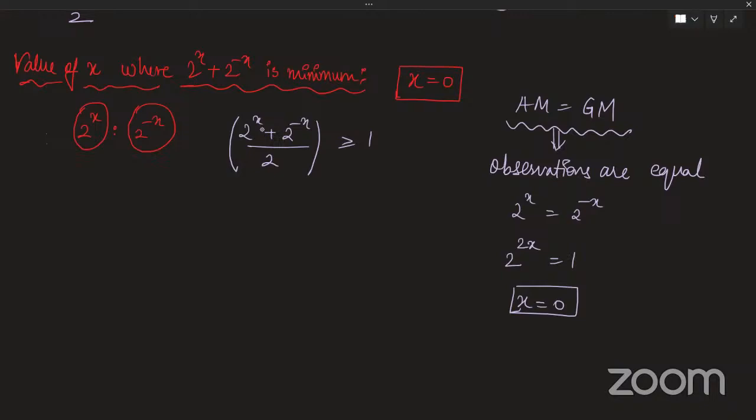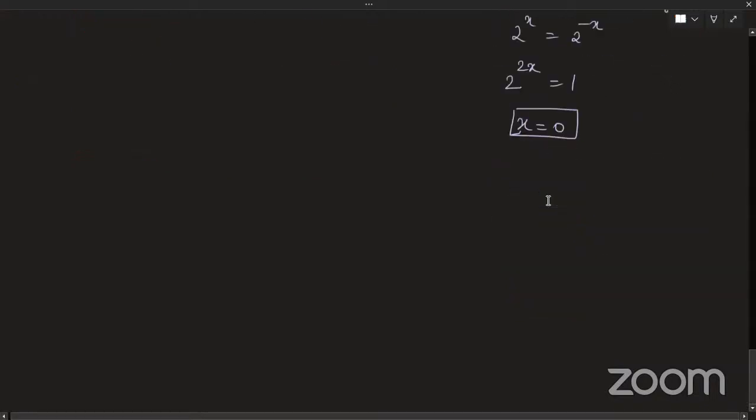So 2 raised to x plus 2 raised to minus x, whole divided by 2, is greater than or equal to 1. Now I have to minimize this value. It will be minimum only when it is equal. Otherwise, at all other values, it is greater. That is why we got this.